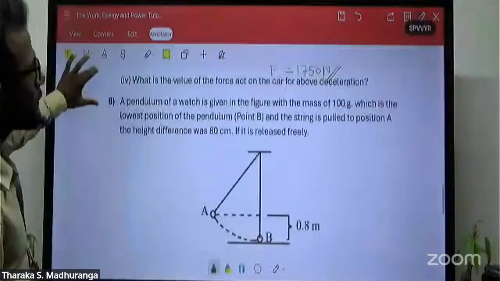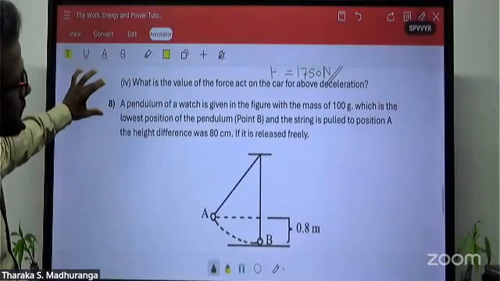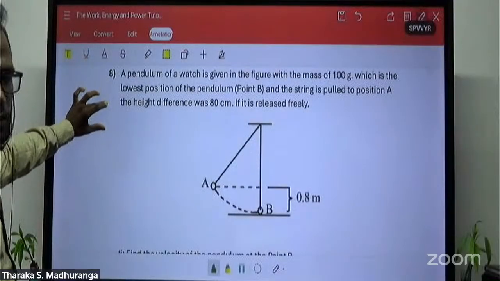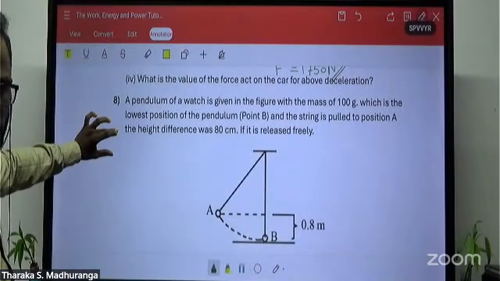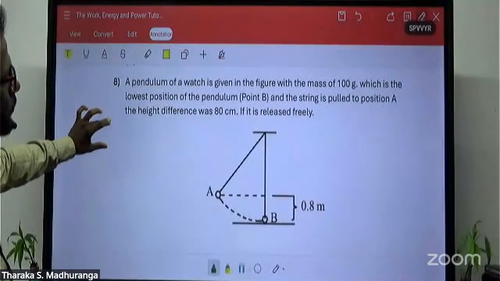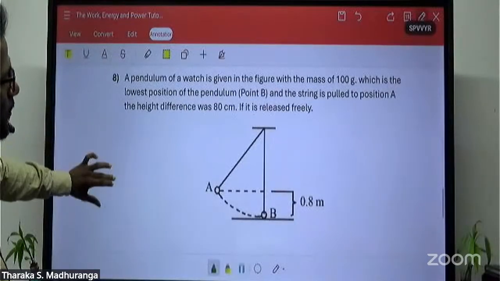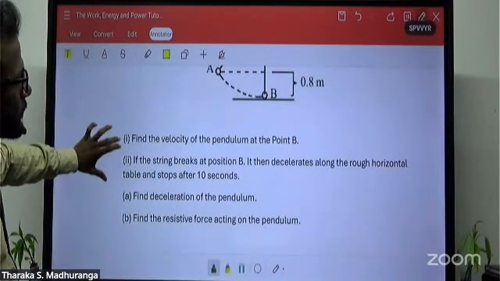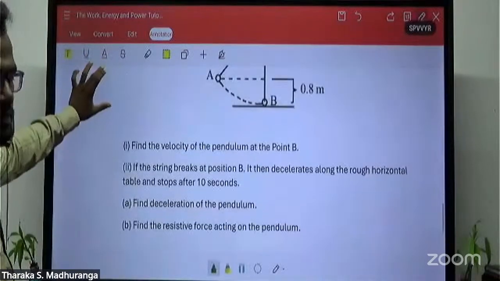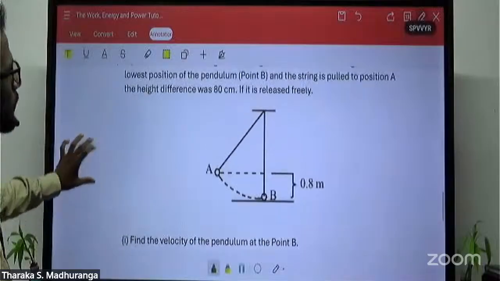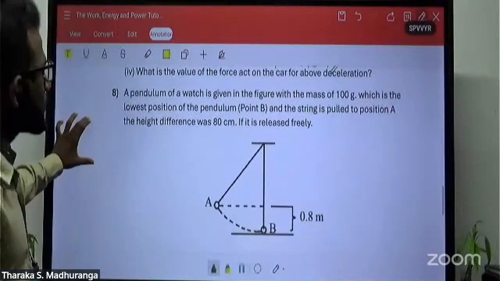Then can we start the new lesson? Can you do it at home as a homework question? Very simple question. Okay, quickly complete it and go to the new lesson.